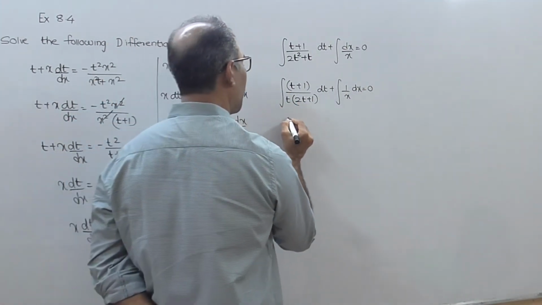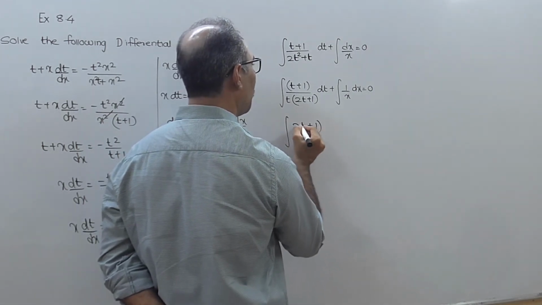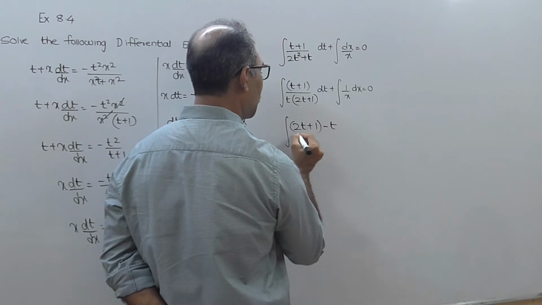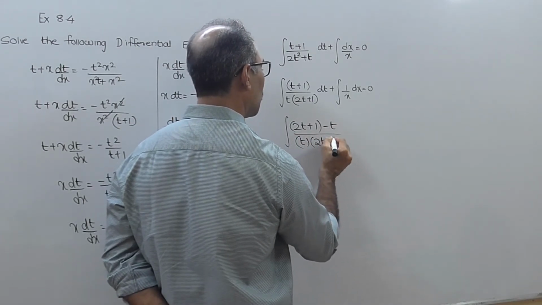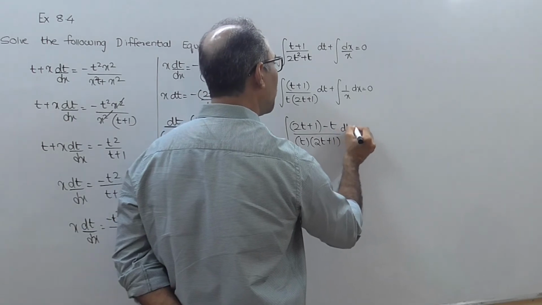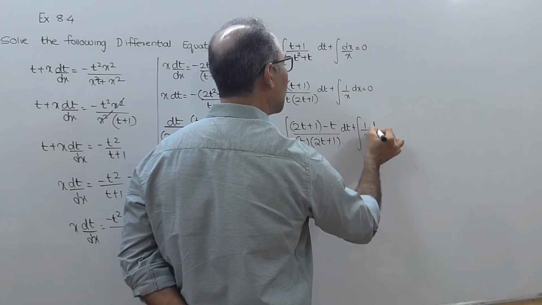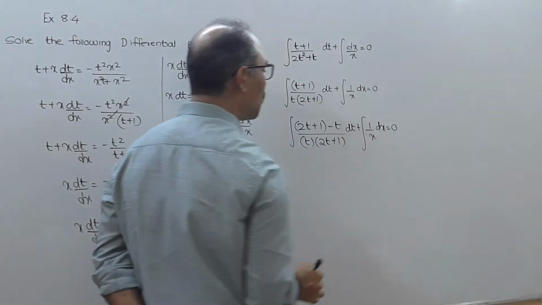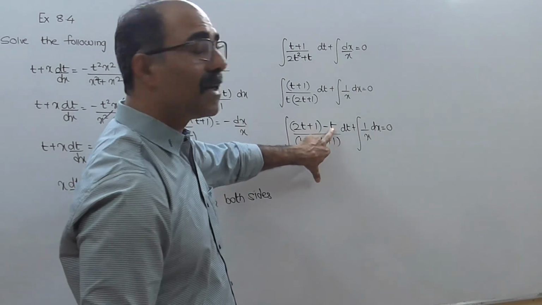Now this is a very difficult thing to crack. What you have to do is you have to write the numerator as 2t plus 1 minus t, the whole upon t times 2t plus 1 dt plus integration 1 upon x dx equal to 0. See, if you try to open this, you get 2t plus 1 minus t.